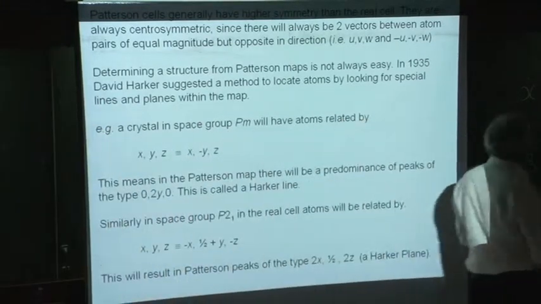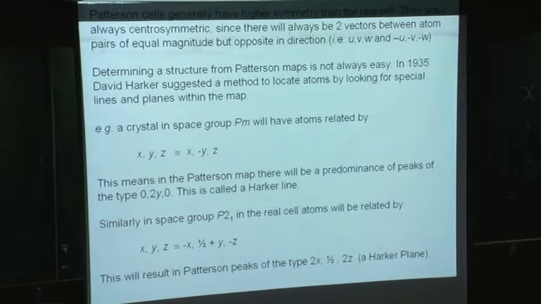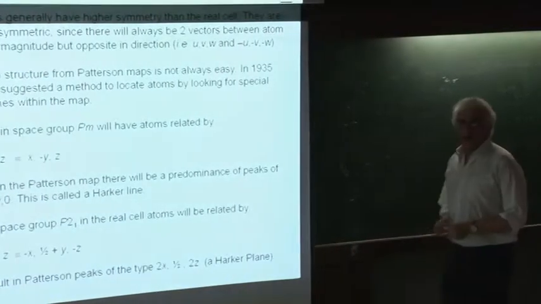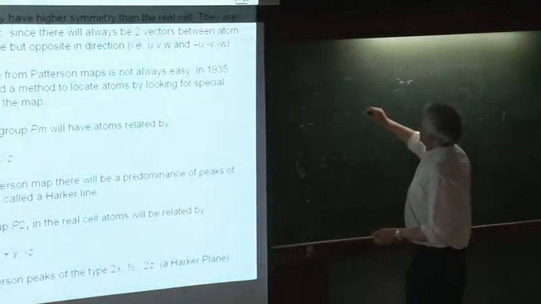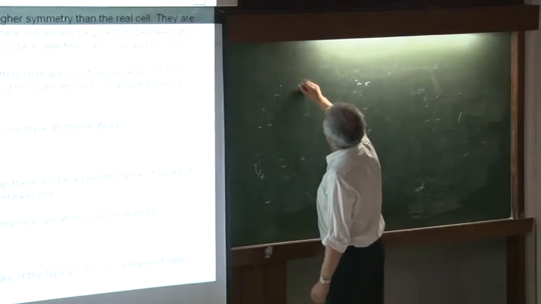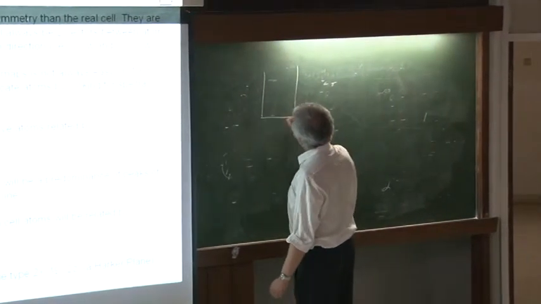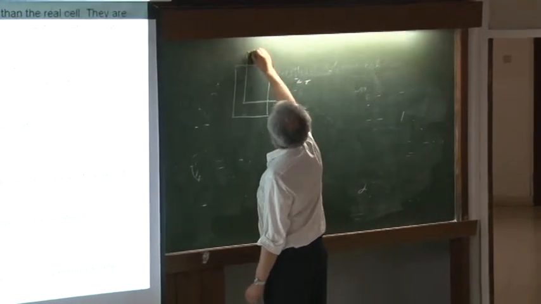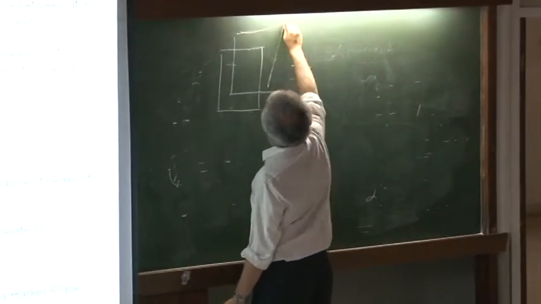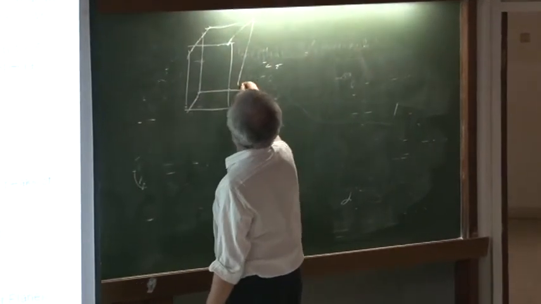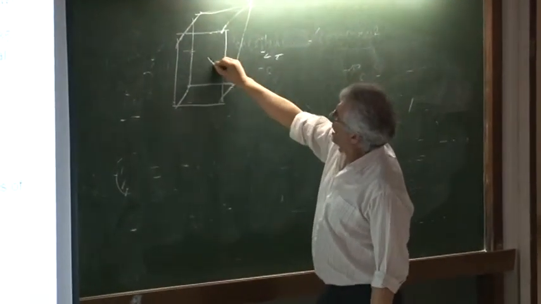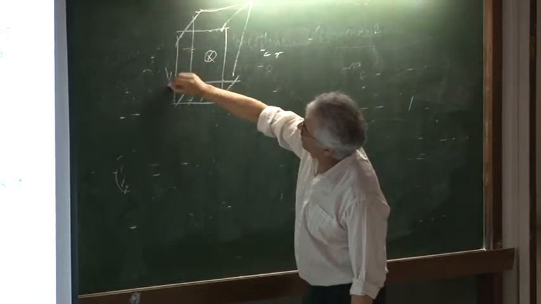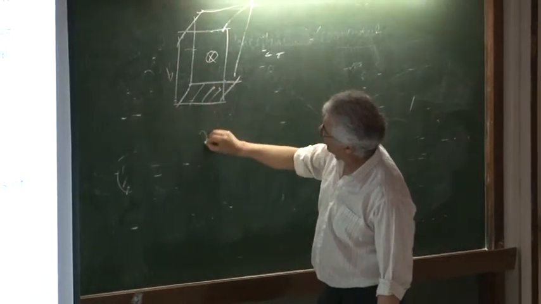So here's an example with a monoclinic crystal with PM symmetry. Now, what is PM symmetry? PM symmetry just has a mirror plane. So if this is our unit cell, and I have an atom here, and this is the B axis over here, it's got a mirror plane, and then I have another atom here.